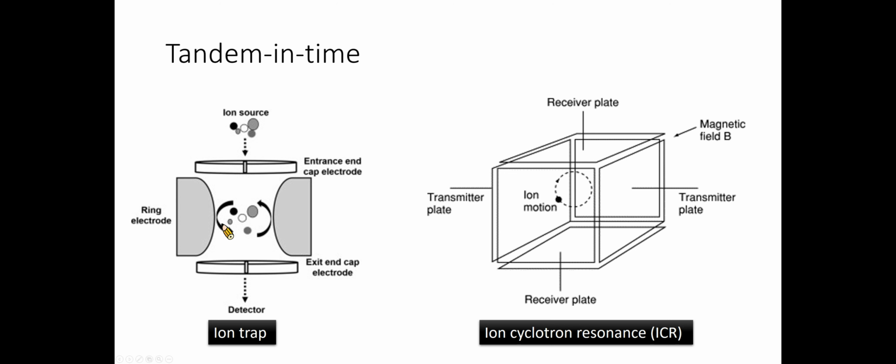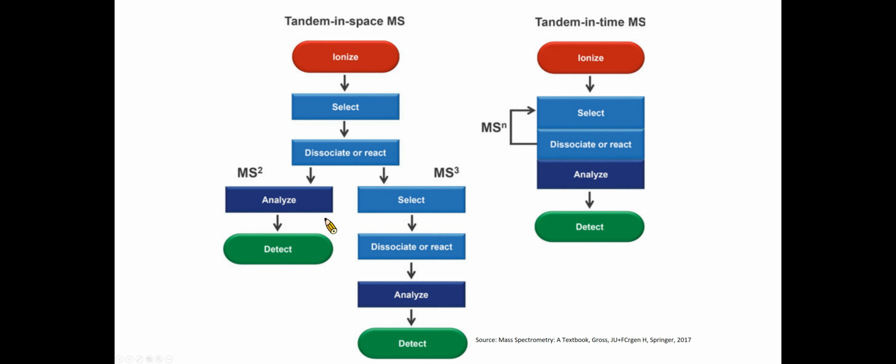Typical examples include ion trap, FT-ICR, and Orbitrap. This diagram illustrates the differences between tandem-in-space and tandem-in-time mass spectrometry. The number of mass analyses is limited in tandem-in-space, whilst tandem-in-time can theoretically achieve numerous stages of mass analysis.